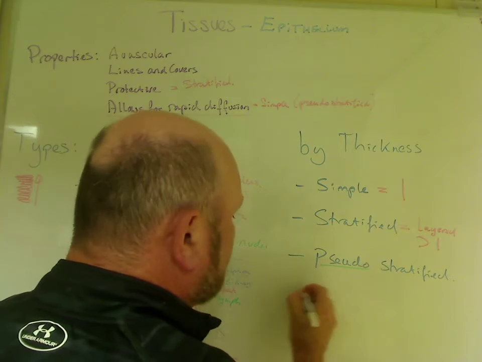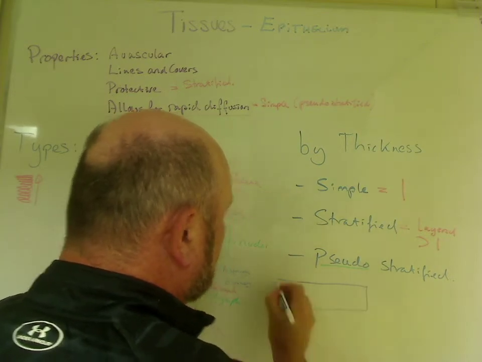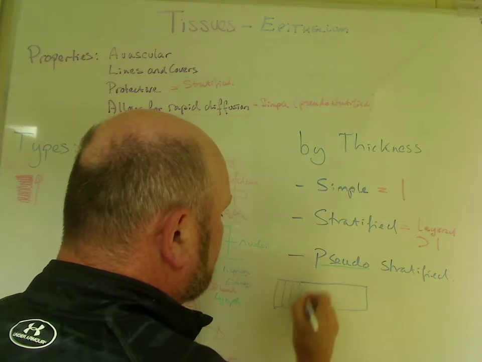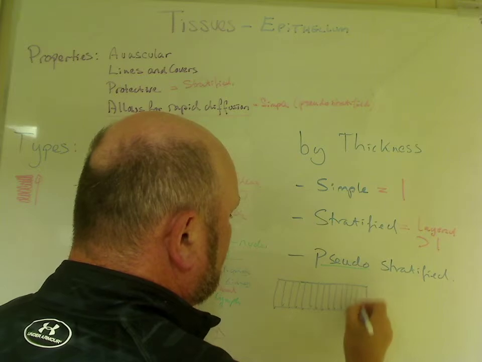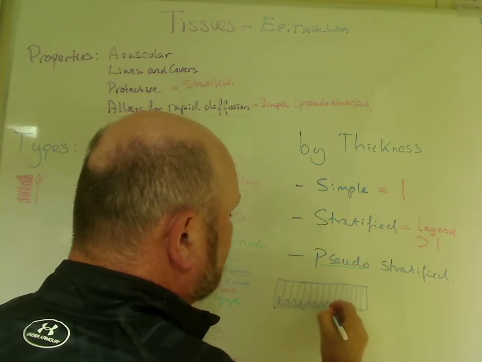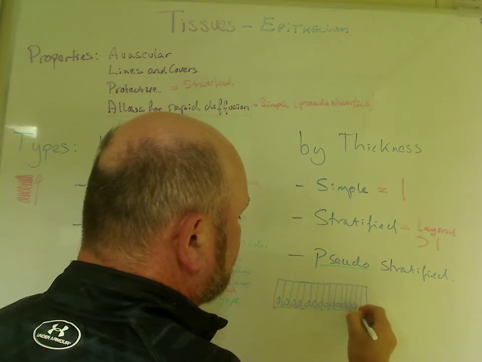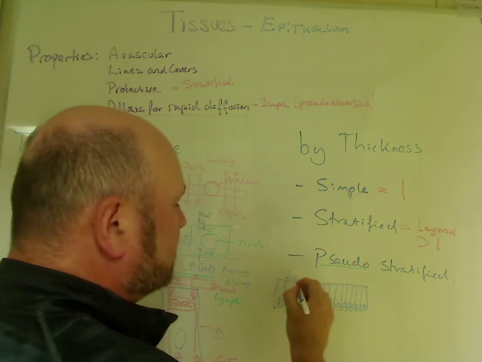So if we draw a standard columnar, let's do this. And you'd have your nuclei. They tend to sit toward the bottom of the cell. So that would be your simple columnar.